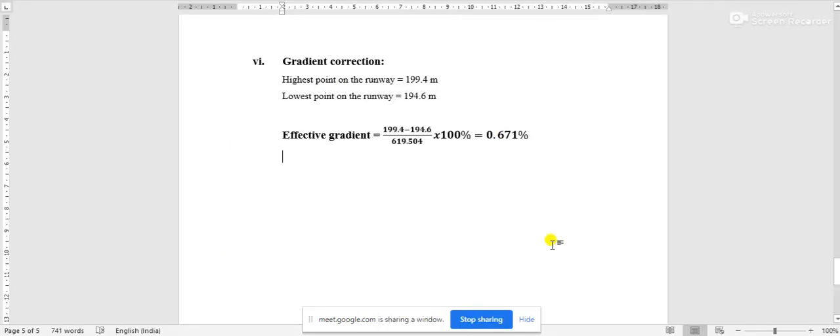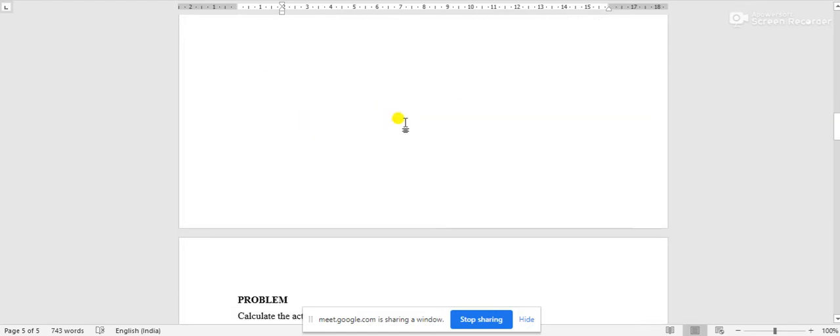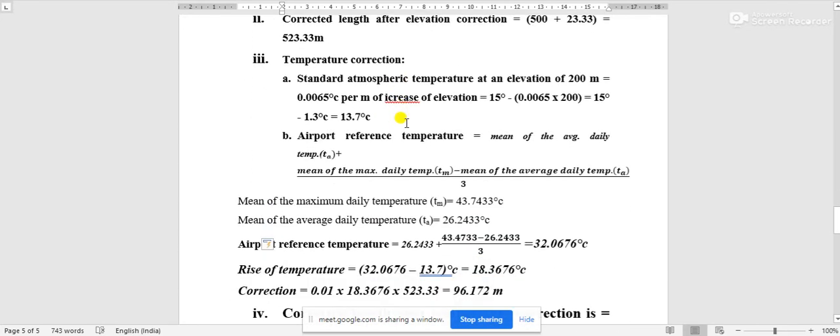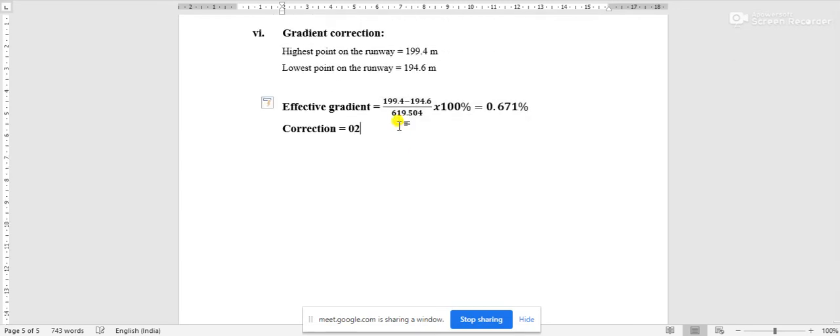Now coming to the correction. The rate of correction is 20% for every 1% effective gradient. That means 20% means 0.2 multiplied by 1%.